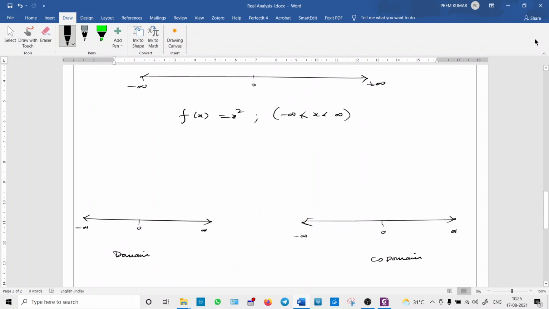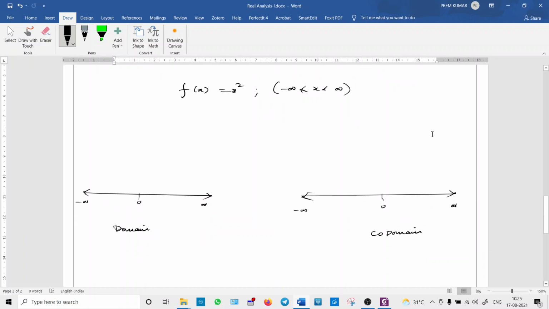So what happens to this function? x is mapped to x square. Suppose I take number 2. How is it mapped? 2 is mapped to 2 square, 4. Like this you can imagine. This is how the function maps.